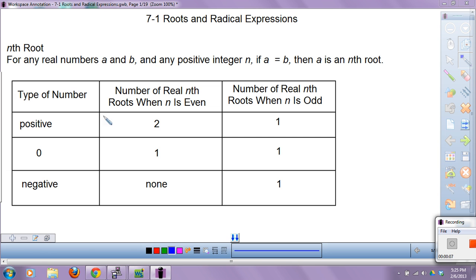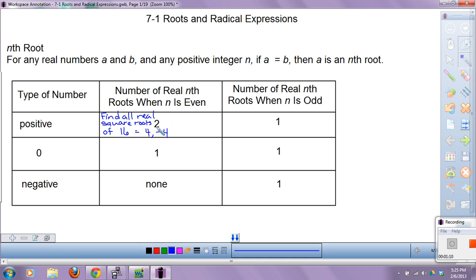So let's look at an example of the number of real nth roots when n is even and your number is positive. For example, if we were going to find all real square roots of 16, all the real square roots of 16 would be 4 and negative 4, because 4 squared is 16, but also negative 4 squared is 16.